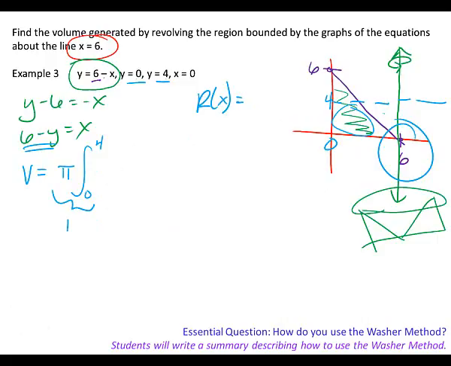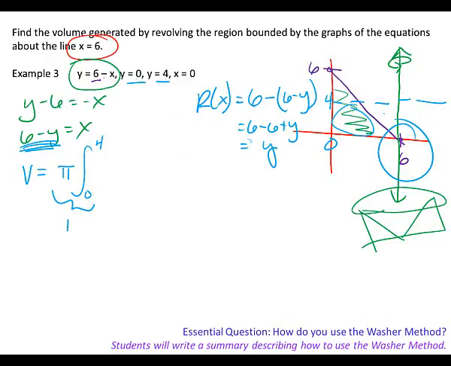If I'm talking about my radius, what's my outermost function? 6. What's my inner function, my more to the left function in terms of y? 6 minus y. What's going to happen with that negative? It's going to distribute, right? So what is the radius that we're looking at? y.